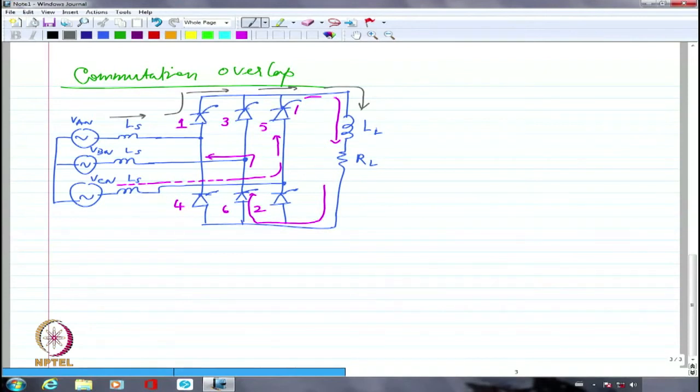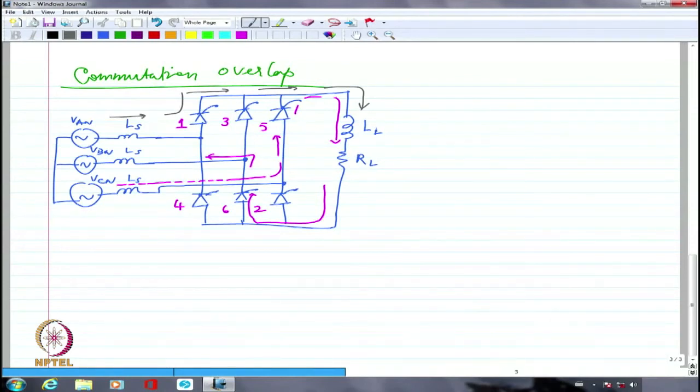Originally, this LS was carrying full current, whatever is the load current. Let's say the load is highly inductive. Maybe it is carrying 10 ampere or 15 amperes of current. That 15 ampere is steadily flowing through this inductance. So this inductance is supposed to give up that 15 amperes of current in no time as soon as I fire device number 1, which is not going to happen because the inductance current cannot really go down to 0 from 15 amperes in no time.